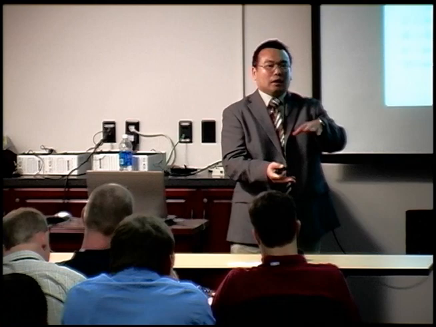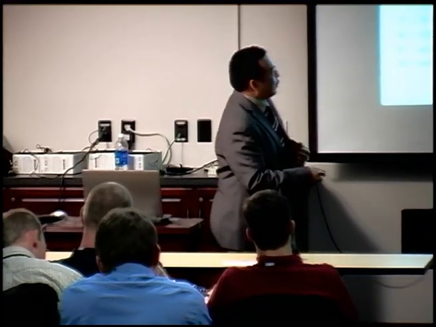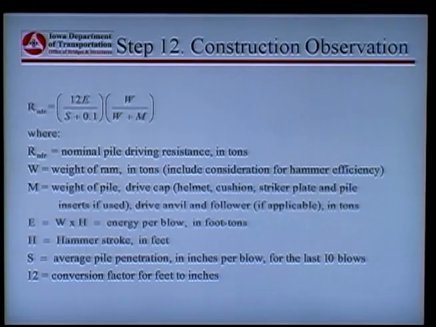Okay? Although we drive it to the contract length of 35 feet, you may or may not achieve the target driving resistance. Right? So if this value is greater than the 77 tons of the target driving resistance, we will say that the pile performance is accepted.